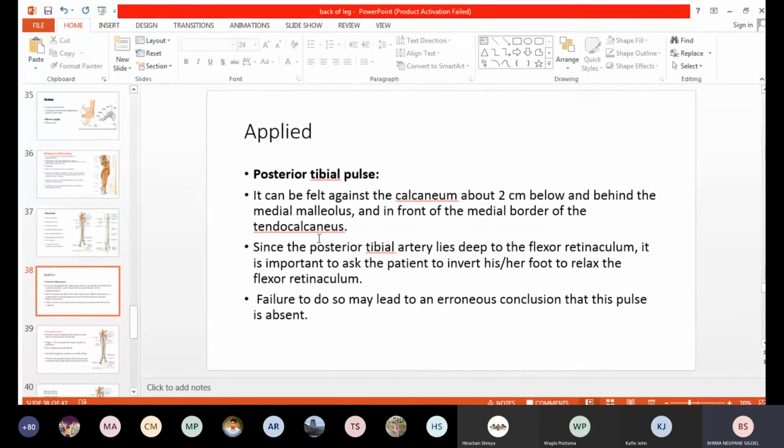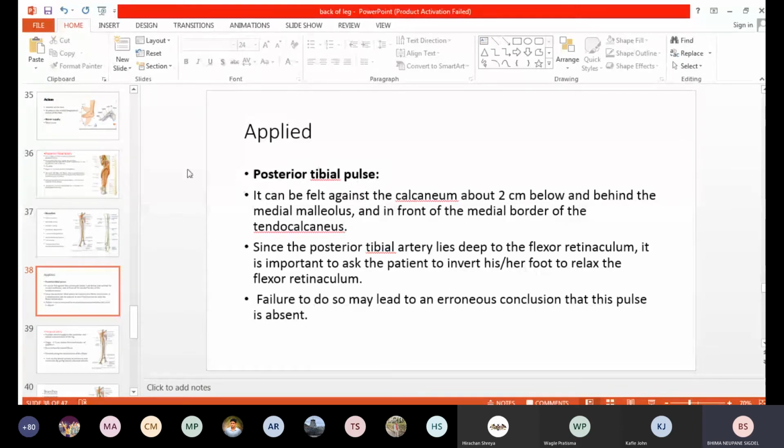Here you have to mention that the posterior tibial artery lies beneath the flexor retinaculum. To test the posterior tibial pulse, the patient is asked to invert the foot so that the flexor retinaculum is relaxed. If the patient cannot feel it even after doing this inversion, in that case there might be an occlusion of the posterior tibial artery.